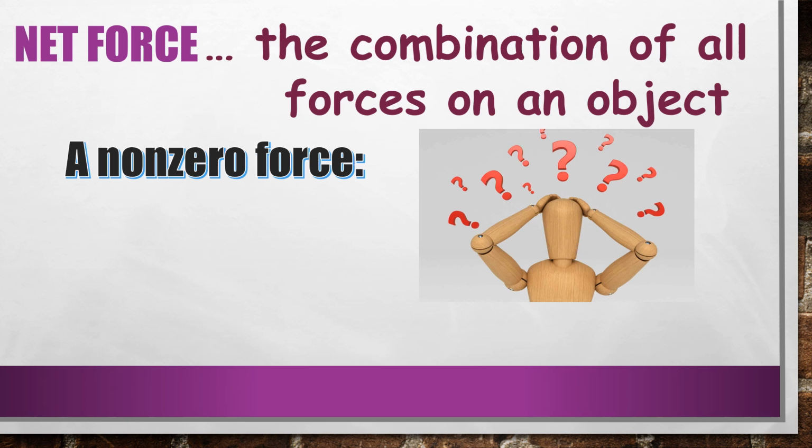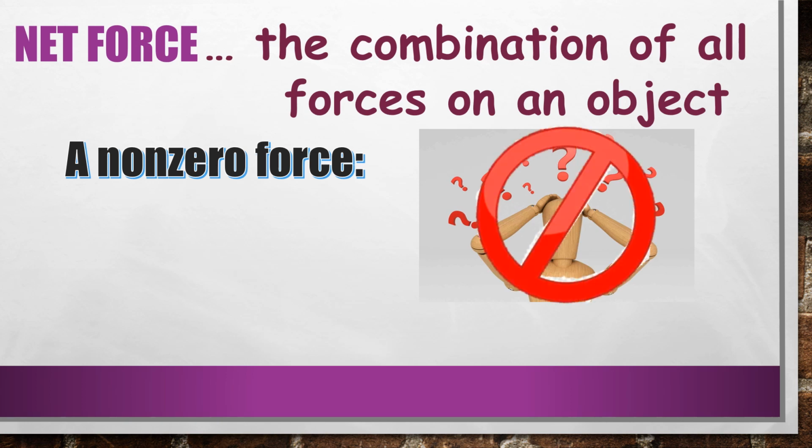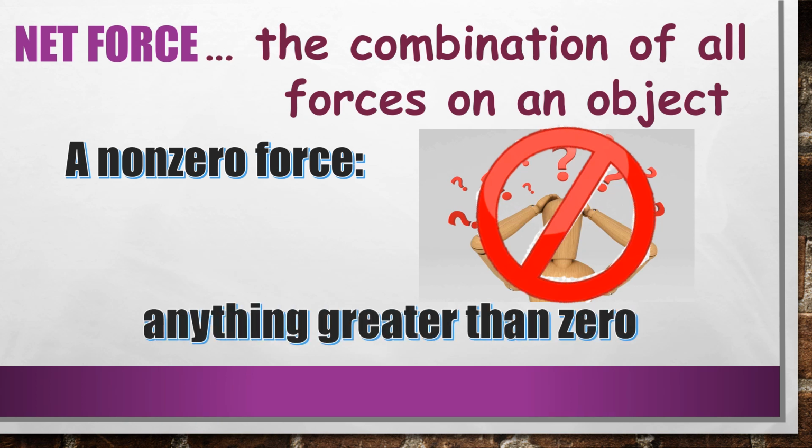Some of us get a little frustrated because that word just seems weird. It doesn't make any sense, but it means truly exactly what it says. A non-zero force just simply means any number more than zero. So don't get freaked out about seeing something that says non-zero. It's not confusing. It means exactly what it's saying.